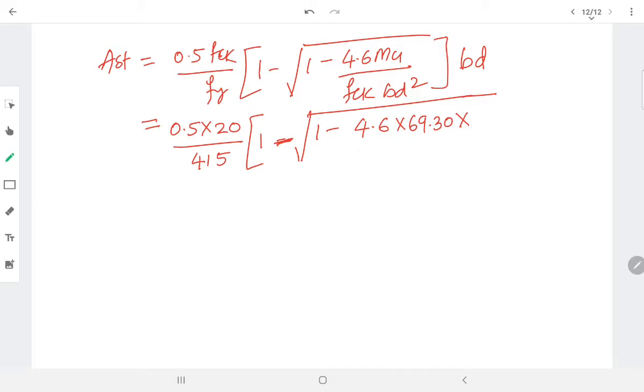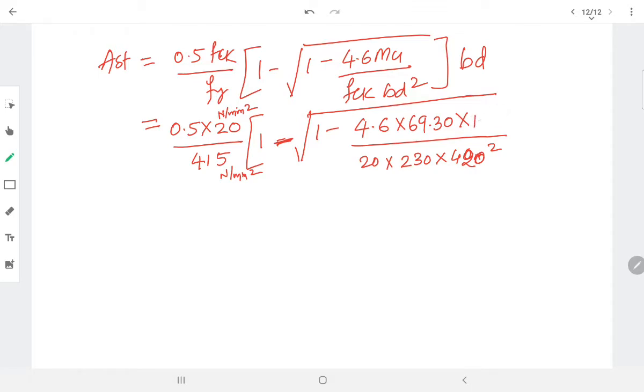Now, whatever values we write in this equation are in Newton and mm, Newton per mm square. Fck is 20 Newton per mm square, b is 230, d is 420, all in Newton and mm.